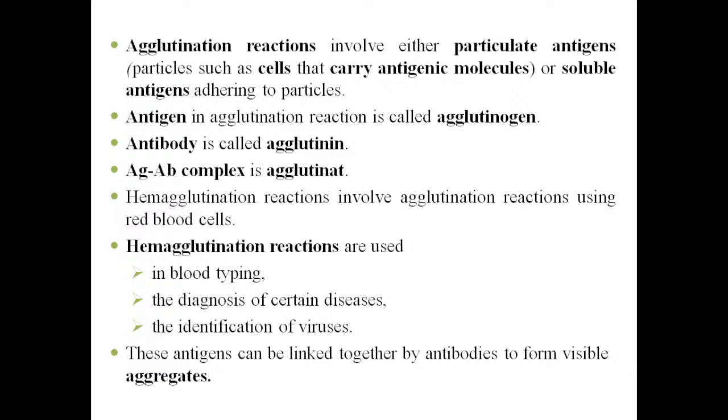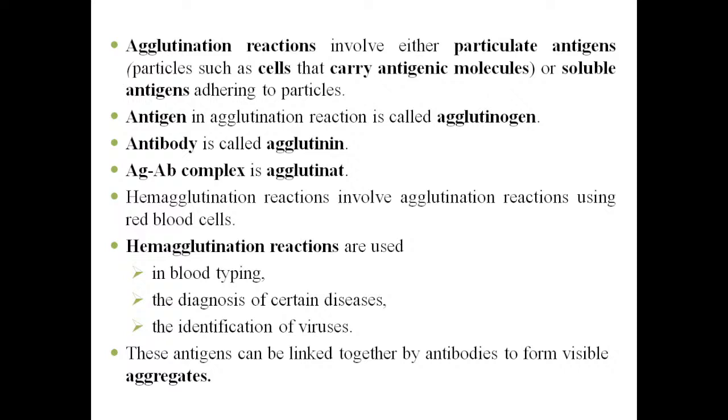Hemagglutination reactions involve agglutination reaction using red blood cells. That's why they are called hemagglutination. Hemagglutination reactions are used in blood typing when we detect blood type A, B, AB, O, I told you, in the diagnosis of certain diseases and in the identification of viruses.